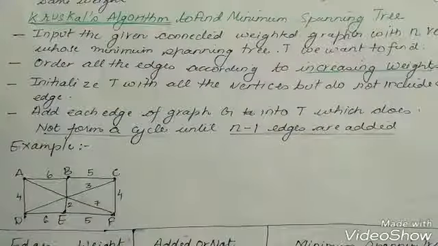Then we have AD with weight 4, and we have CF with weight 4 again. And then we include BC with weight 5. Till here, this is a column in which we have marked added or not added.